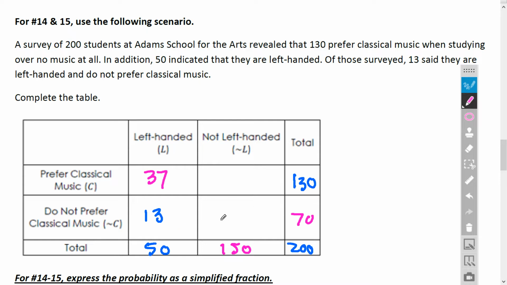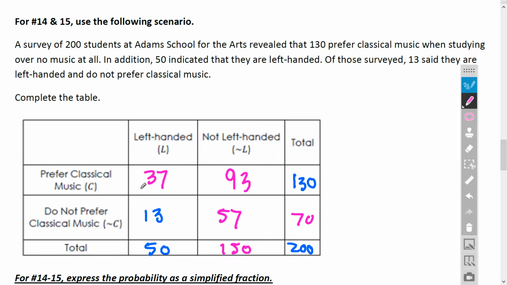This one should be 57. 13 plus 57 is 70. And then we're missing this one. Should be 93, because 93 plus 37 is 130, and 93 plus 57 is 150.